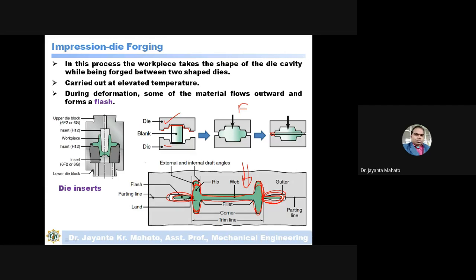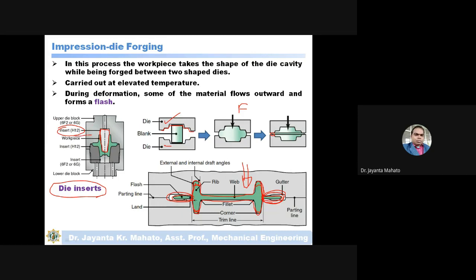Sometimes die inserts are used. So die inserts, this one, are placed in between the material so that an internal shape can be produced.